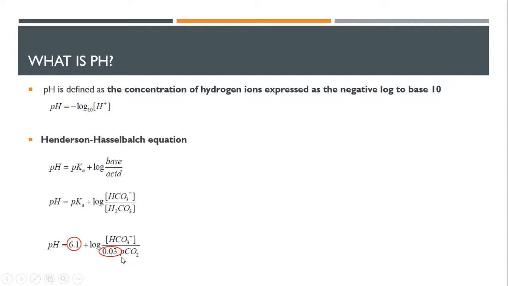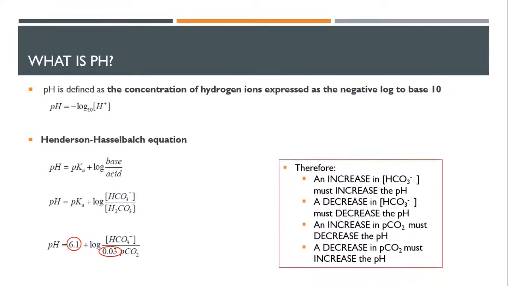And it's 0.03 when we're speaking in millimeters of mercury, and when we move to kilopascals, it's 0.0025. So just to bear in mind that this form of the equation is speaking about PCO2 in millimeters of mercury. And as I said, we're going to keep things basic.